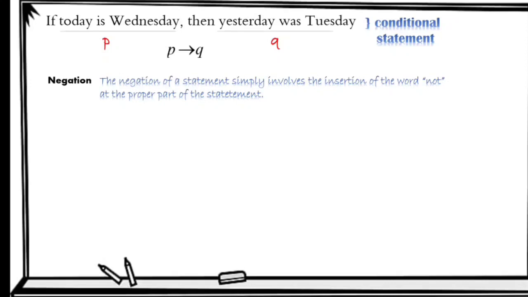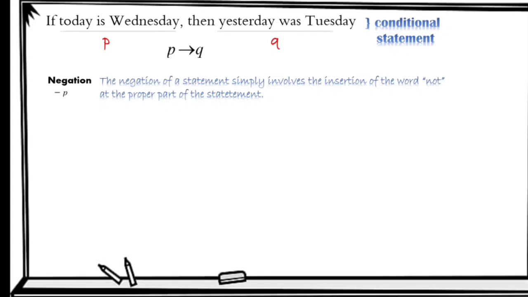The addition of the word "not" is done so that it changes the status of the statement. If P is the statement, we can write the negation as not P.